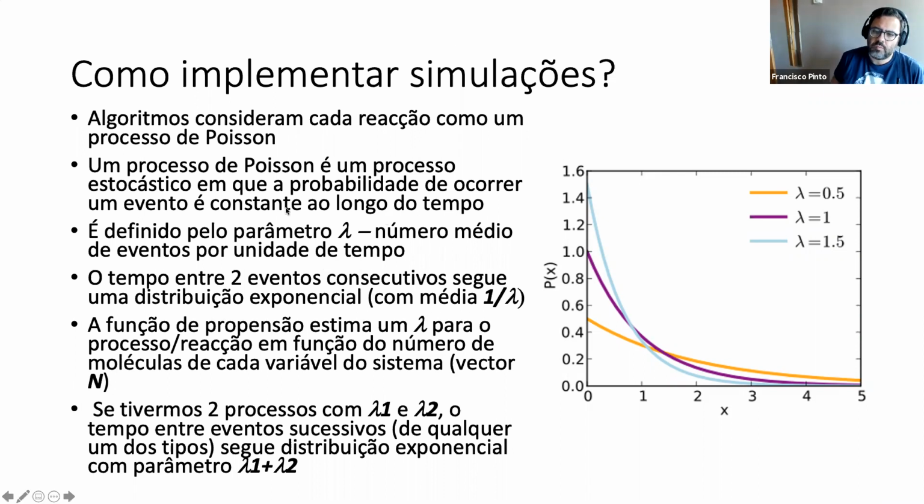So whenever you have a Poisson process that gives you the random number of events in a time unit, in parallel you have an exponential distribution that has an average defined by 1 over lambda, that allows you to use a random number generator to get one random time between 2 consecutive events.